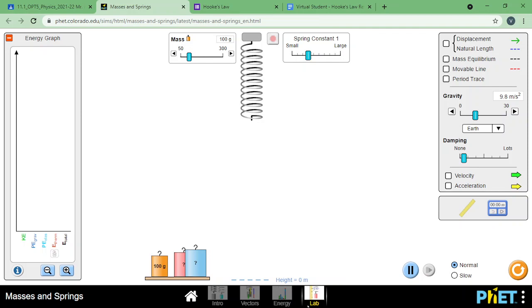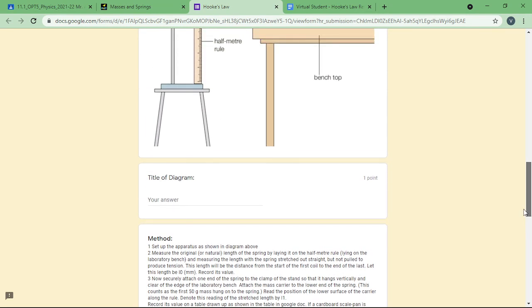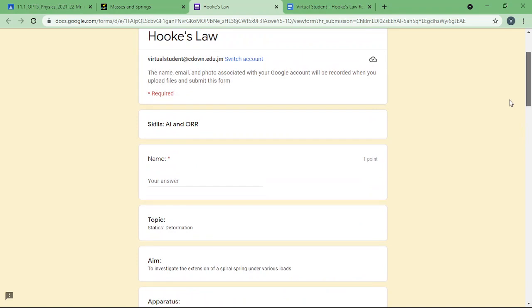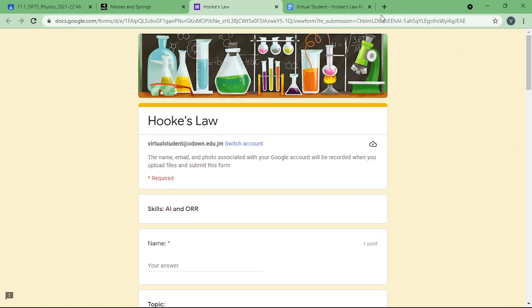Now, in ensuring that you understand what you're doing, it is always important that you bring up your SBA form. So this is done in collaboration with a Google form.